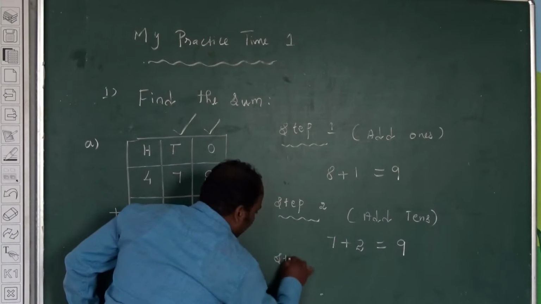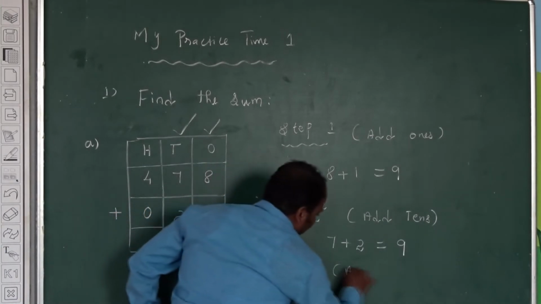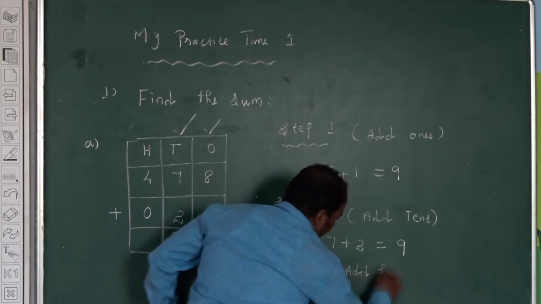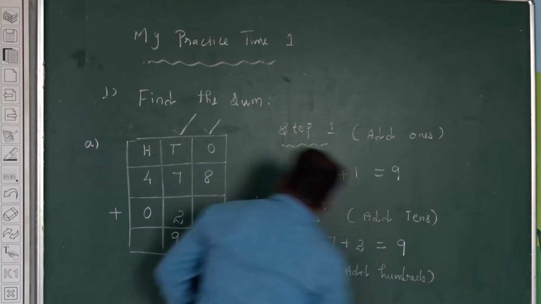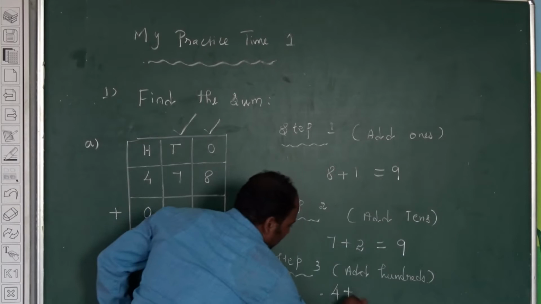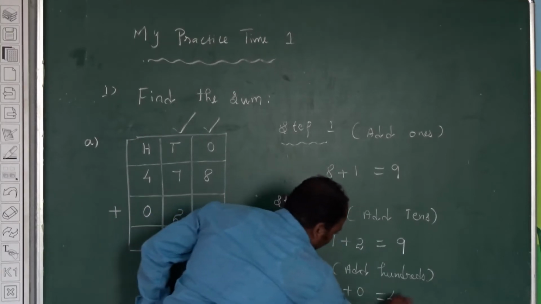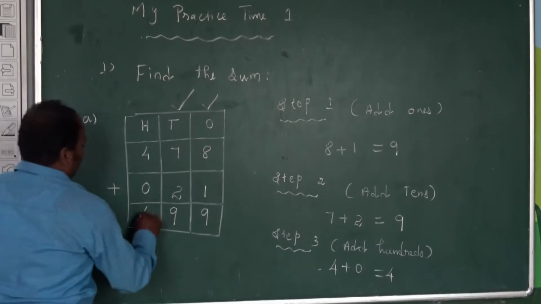Step 3. We add hundreds, 4 plus 0. 4 plus 0 is equal to 4. So the number 4 is written in the hundreds place.